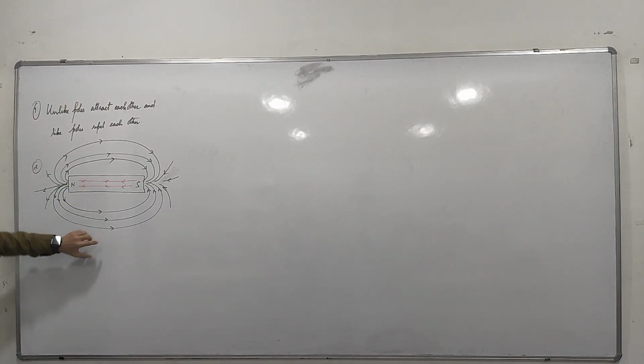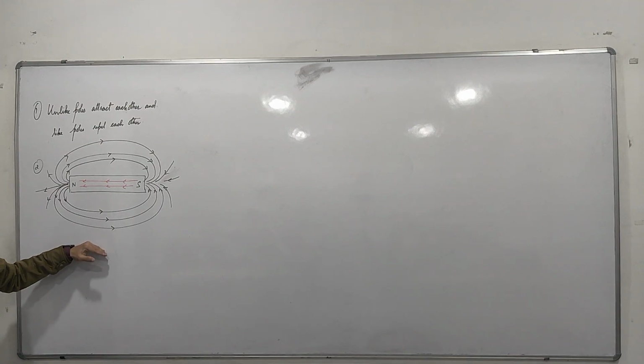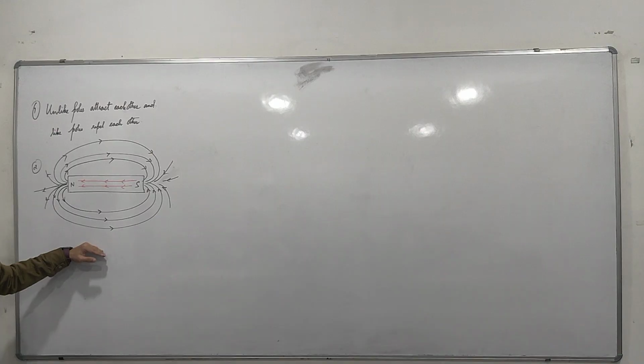Next, if you keep any magnetic material only till this line, it will experience a pull by the magnet. But if you keep any magnetic material beyond these lines, that means beyond the field, there will be no attraction because it is away from the magnetic field. Okay, clear?